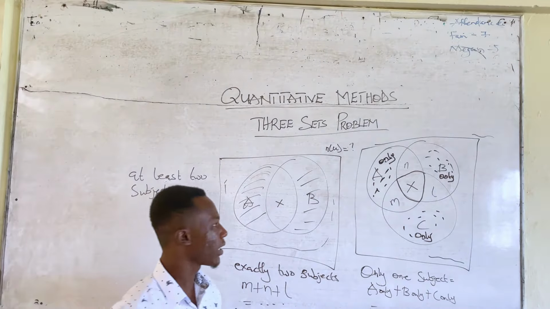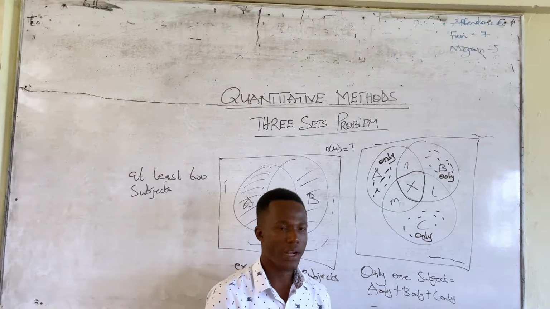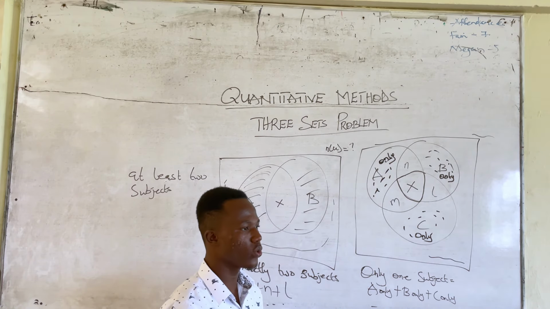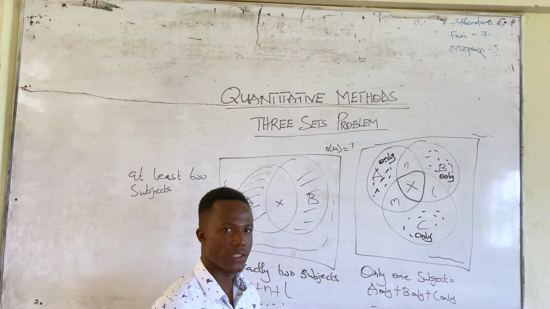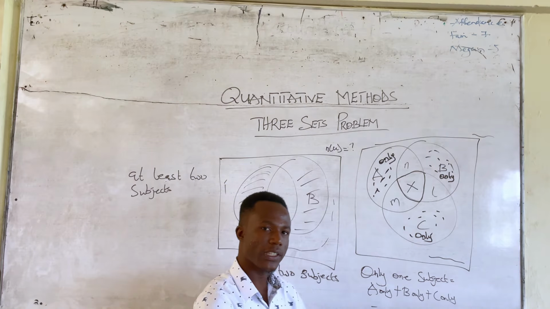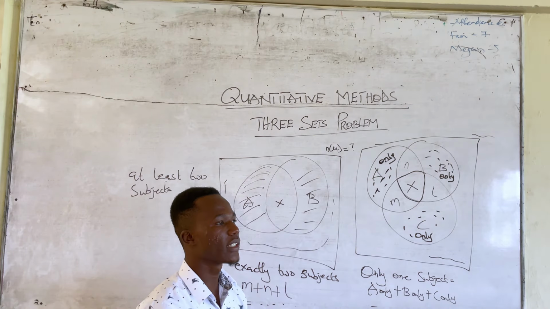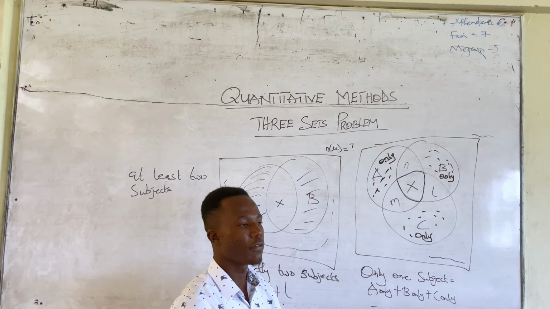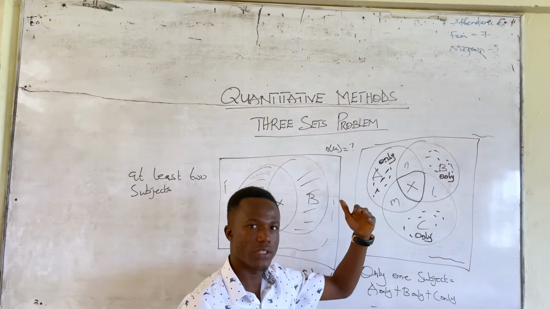When we say something is at least, it means that should be the least, or the smallest. Do you get it? So it means you have to find the number of students who did not study only one subject. You want the number of students who studied from two subjects upwards. Do you get it?